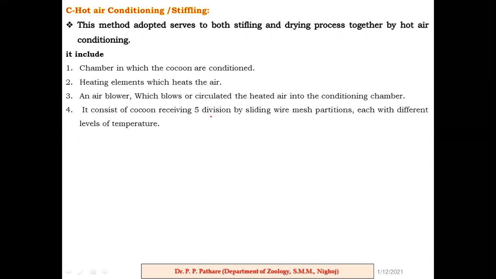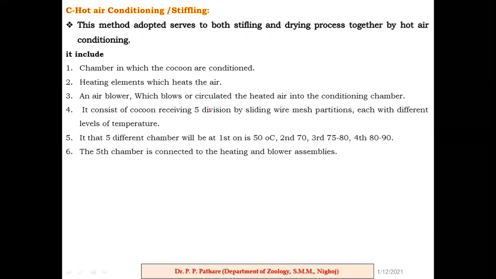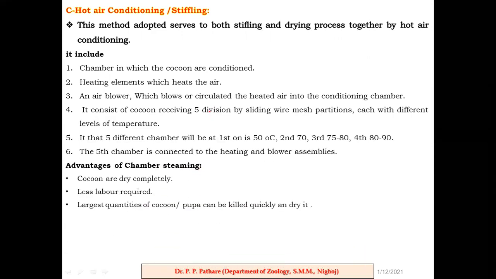If you choose this method for stippling, it is a very good method for sun drying, because here you can observe five divisions or slides present in this method. Five different chambers show different temperatures.